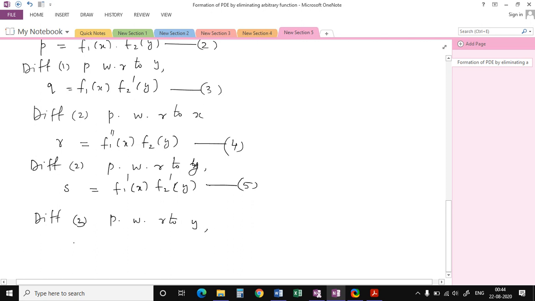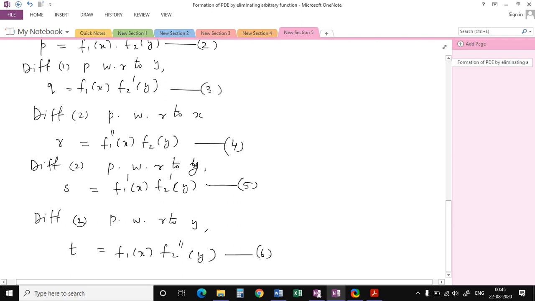So that you will get ∂q/∂y, that is same as ∂²z/∂y², and the notation is t. t is equal to f1(x) into f2''(y). So now this is the sixth equation.